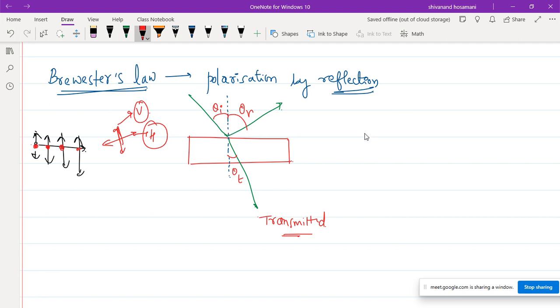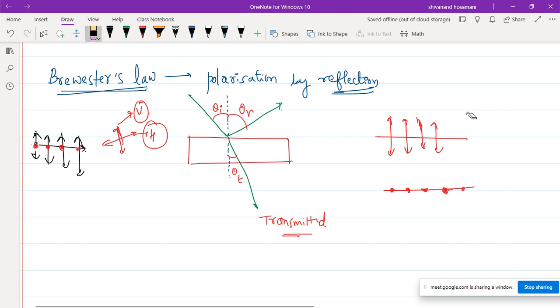Polarized light is represented like this. After polarization, if the vibrations are only in this direction, we call it polarized light. The other part, the perpendicular components, is also polarized. The horizontal components are represented like this, and the vertical components are represented like this.